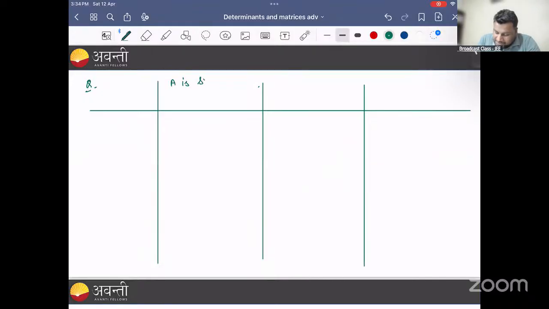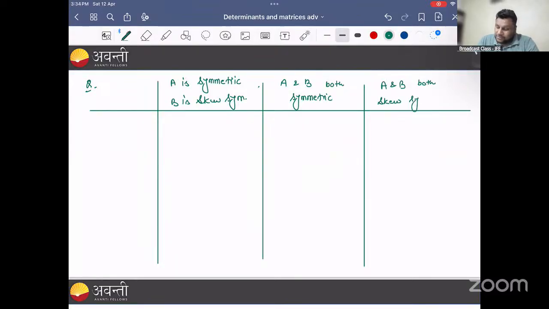A is symmetric. B is skew symmetric. Here, A and B both symmetric, and here A and B both skew symmetric.